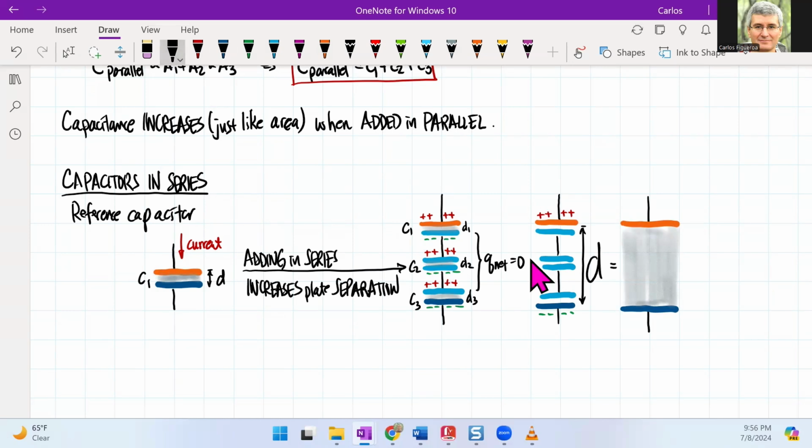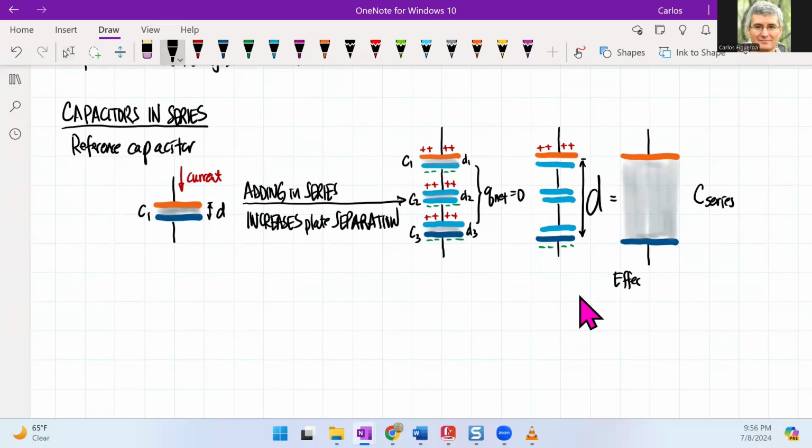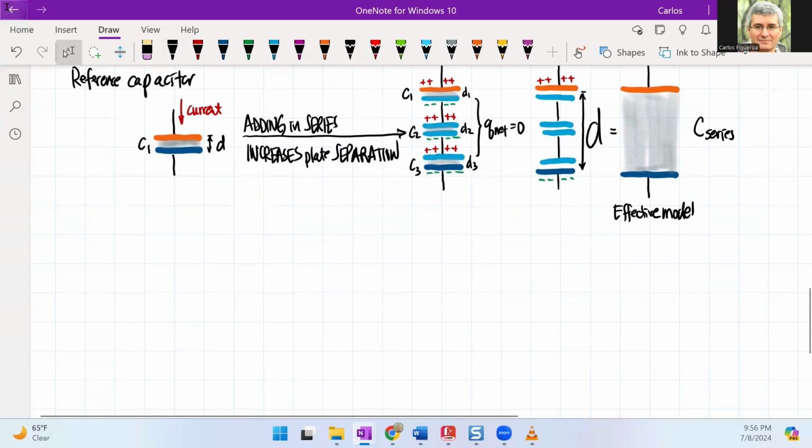This is what we call C series. So if I start to look at this thing, I'm going to say that, again, this is an effective model that works really well with capacitors. So very similar to what we said before, we can now replace 3 capacitors in series as opposed before.